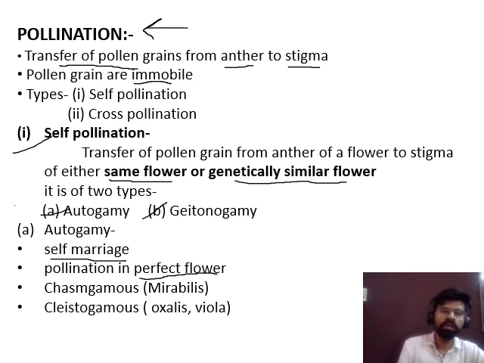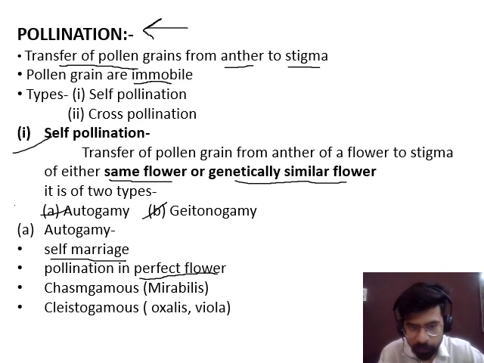On the basis of opening or closing, there are two types of flowers, chasmogamous and cleistogamous. Chasmogamous flowers are those which are open, whereas cleistogamous flowers are closed.